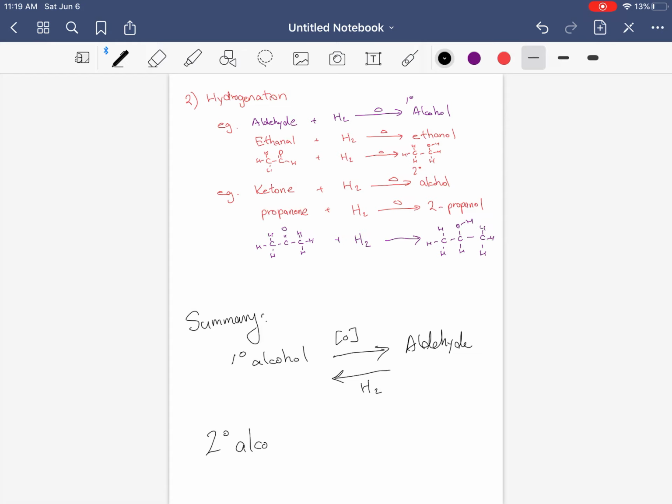And a secondary alcohol will give you a ketone, and of course, vice versa. Hopefully you guys are okay with this.